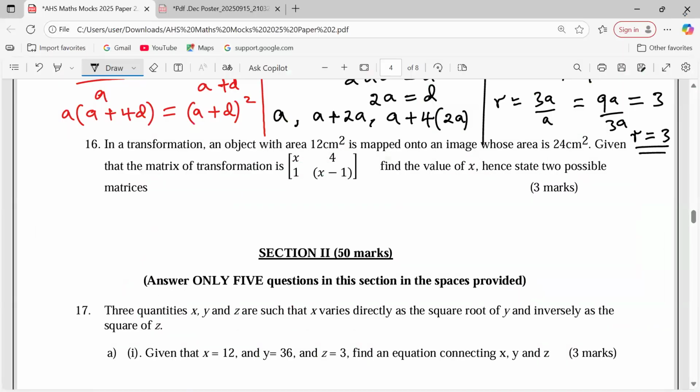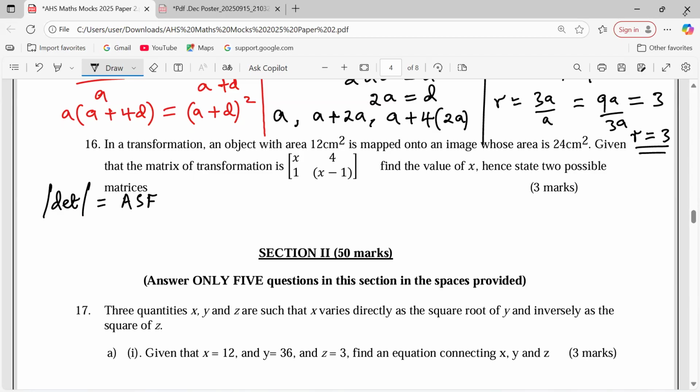Number 16, we should know that the determinant of the matrix which is responsible for a certain transformation is usually equal to the area scale factor. For this case, I will even say that it is the absolute value of the determinant, because some other times you deal with a matrix and you get a negative determinant.